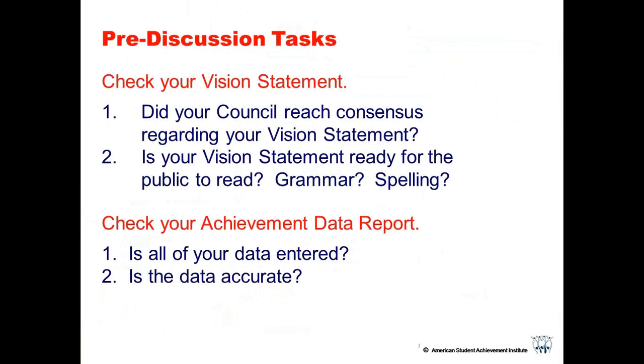My guess is that if your achievement data report meets criteria, that our staff has looked at it and said, yeah, it's good, that you're probably good to go, but we would like you to check that in case we missed something. So just make sure that all the data that you want to be there is there and that you've entered the data accurately.